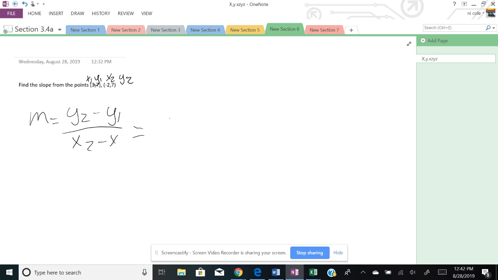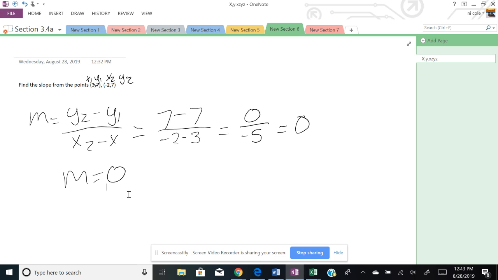My y2 is 7 minus 7 all over -2 minus 3. 7 minus 7 is 0 over -5, which happens to be 0. So my slope is 0. Perfectly acceptable. You can have 0 slope. That's what we call that horizontal line.